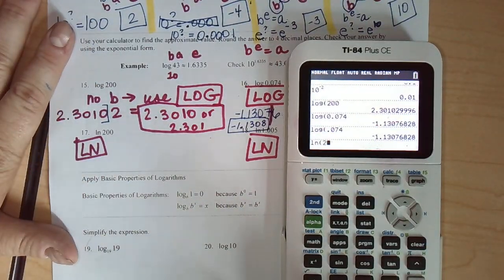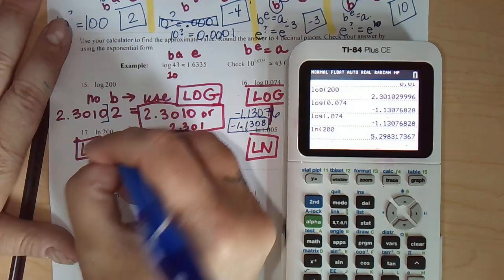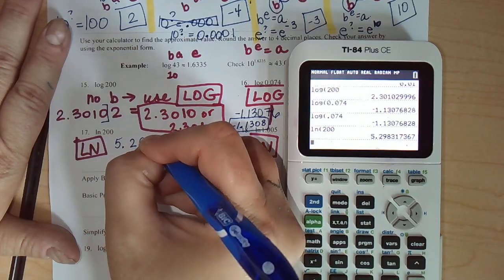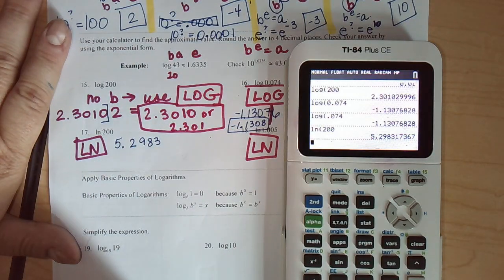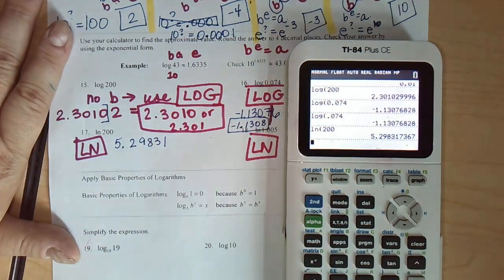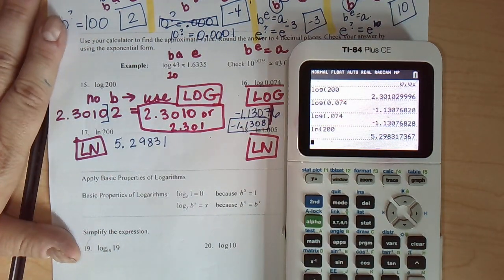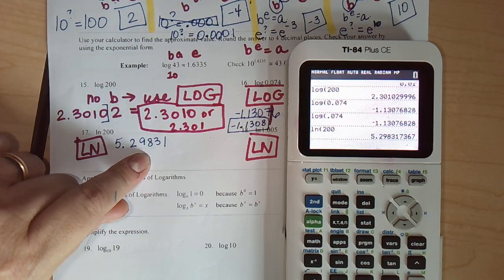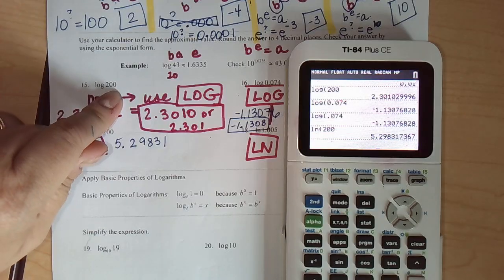Now let's look at the next one. Ln. We get 5.2983. And you might be thinking, what the heck? How is this answer different from 15?